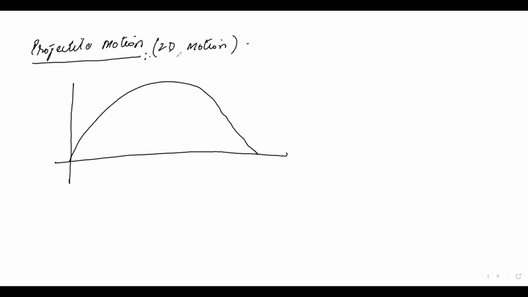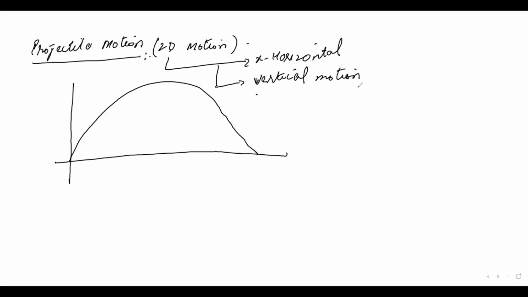Now, the basic thing that you guys need to understand is that whenever you're talking about two-dimensional motion, it has some sort of motion along the horizontal, and at the same time, some sort of a motion along the vertical as well. And we need to understand all the aspects of the horizontal motion. Remember that whenever you're talking about projectile motion, you are basically neglecting air resistance, right? There is no air resistance acting on this object.